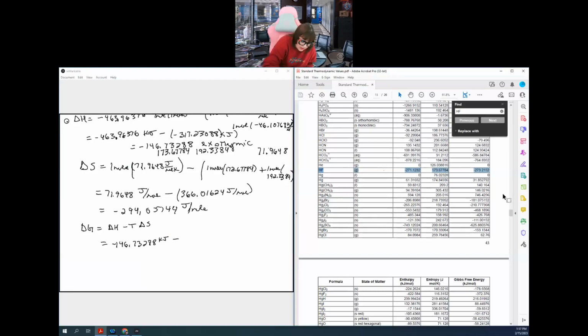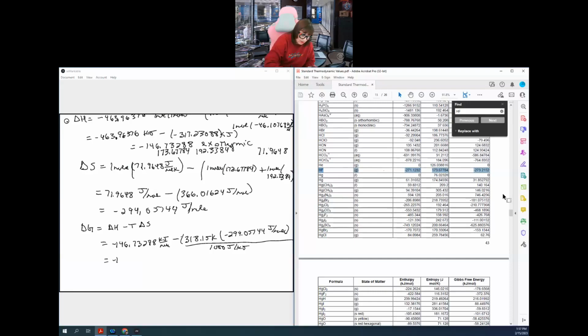And then my temperature, again, is 318.15 Kelvin times the delta S, negative 294.05144 joules per mole. And of course, we're going to convert this so that we end up with an answer in kilojoules. So 318.15 times that answer that I calculated, and then we divide that by 1,000.